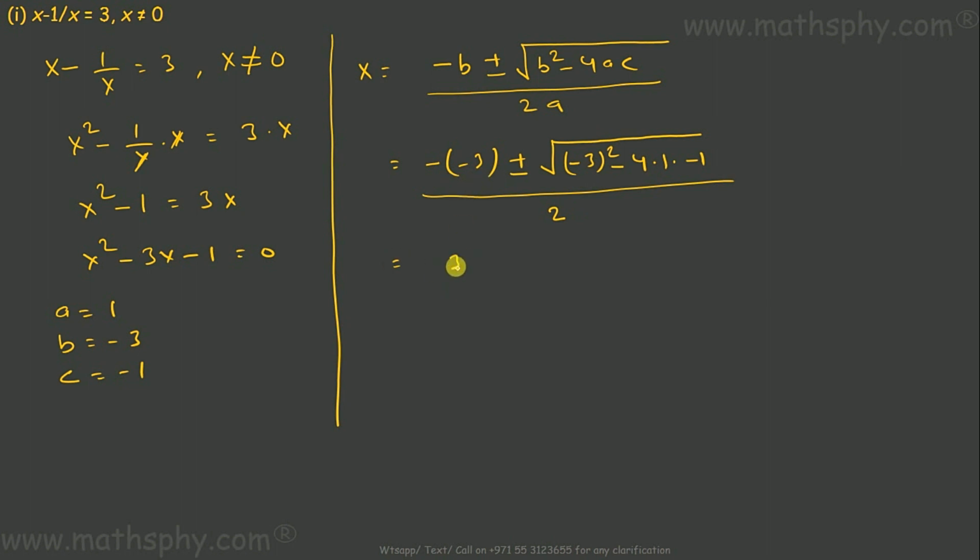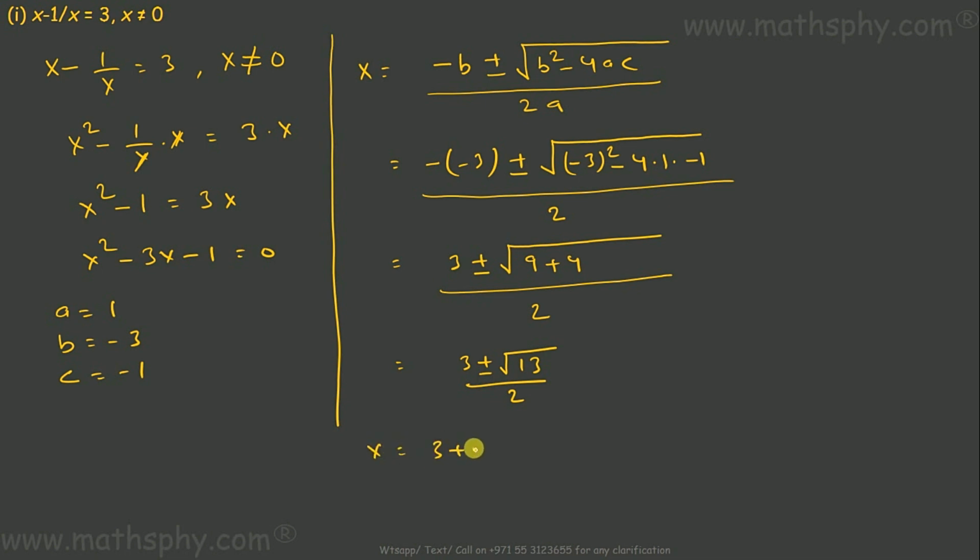Minus minus is plus, so 3 plus minus root 9 plus 4 into 1 is 4, over 2, so this will be 3 plus minus root 13 over 2. So x would be 3 plus root 13 over 2, and x would be 3 minus root 13 over 2. We have plus minus both. Done?